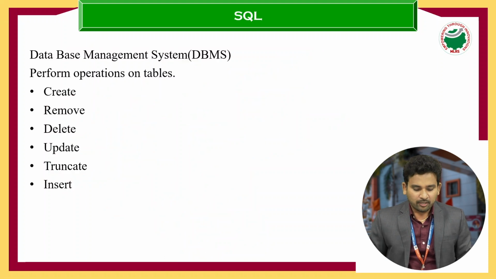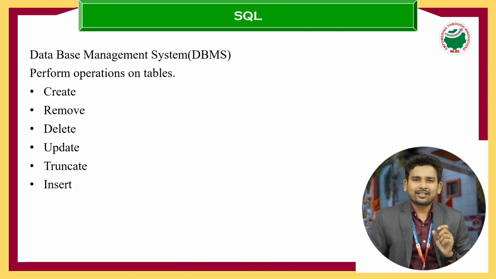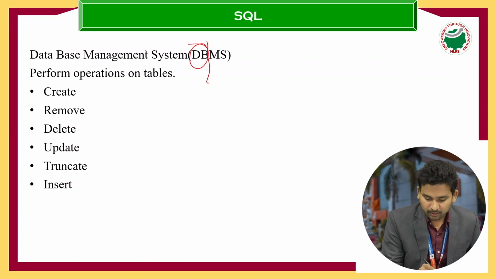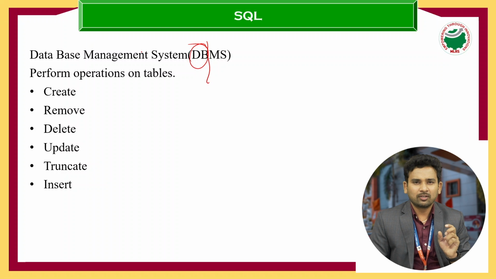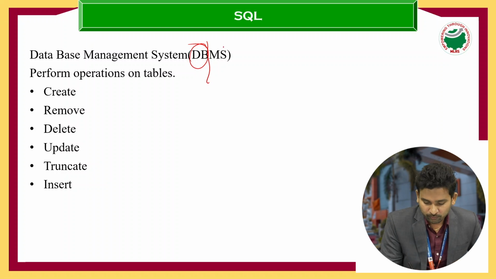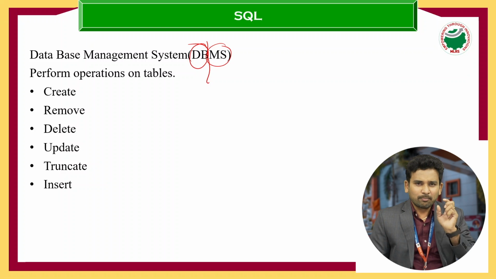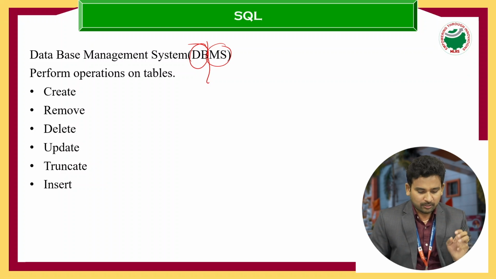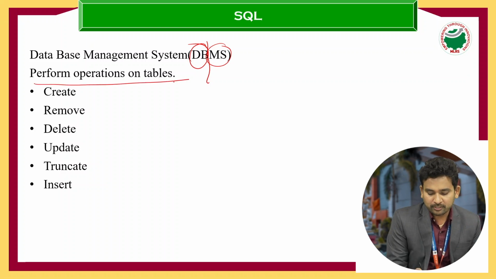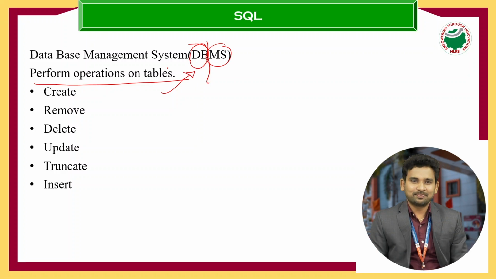Next we are going to talk about the database management system. We already know what a database is: a collection of tables. Now we are going to talk about the management system. A management system is nothing but performing operations on top of these tables.